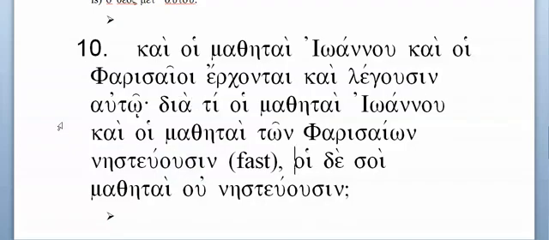So for what reason do the disciples of John and the disciples of the Pharisees fast, comma, and here's one because he's trying to contrast. While at the beginning of a narrative that would often be and, here he's clearly trying to contrast between the disciples of John and the disciples of the Pharisees and your disciples.